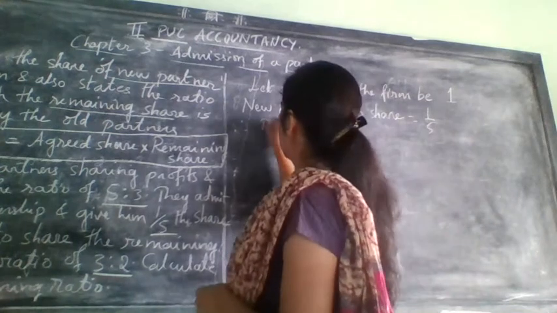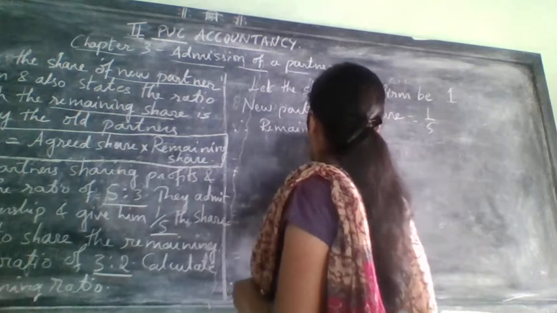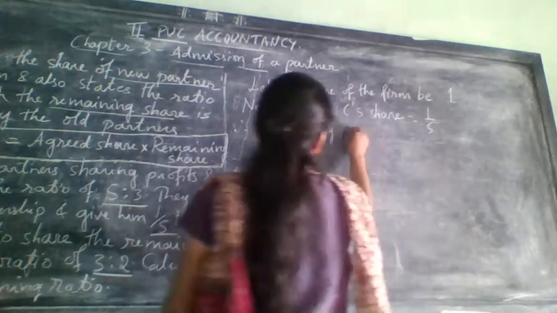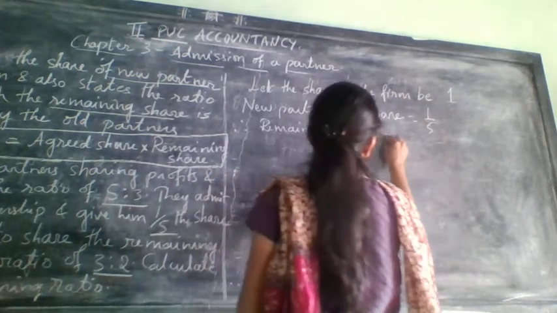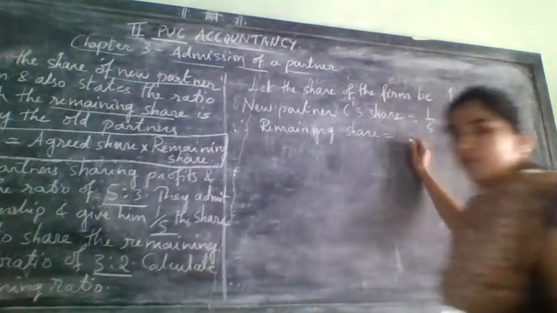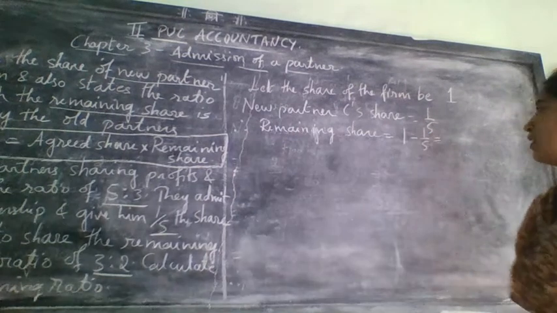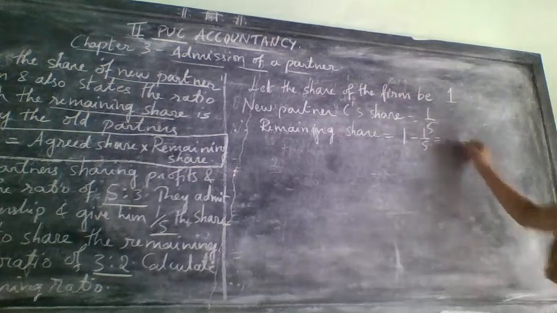Therefore, the remaining share is equal to 1 minus 1/5. How much will it come?